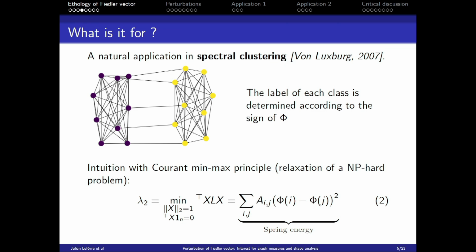There is an intuition for that: the first non-trivial eigenvalue, lambda 2, is associated to the Courant min-max principle. The Fiedler vector is the minimal vector satisfying those constraints and minimizing this quadratic form.